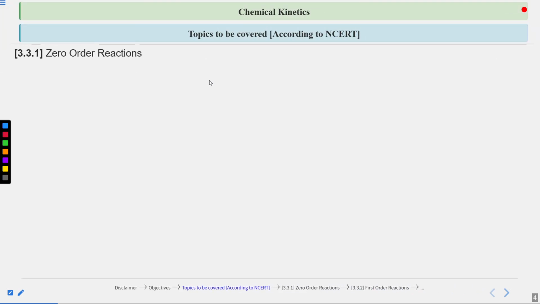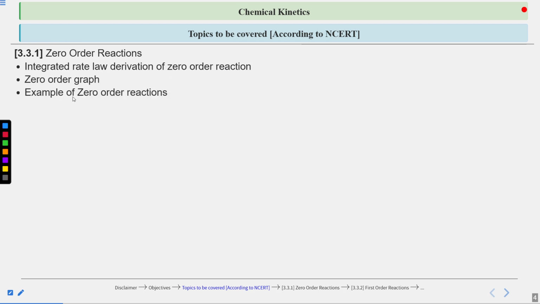The topics that we are going to cover as per the NCERT are, first, the subsection of section 3.3, that is 3.3.1, zero order reactions. In this, we will talk about the integrated rate law, derivation of zero order reaction, zero order graph. We also look at the example of zero order reactions.